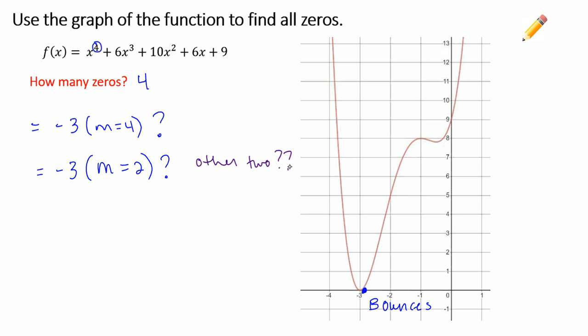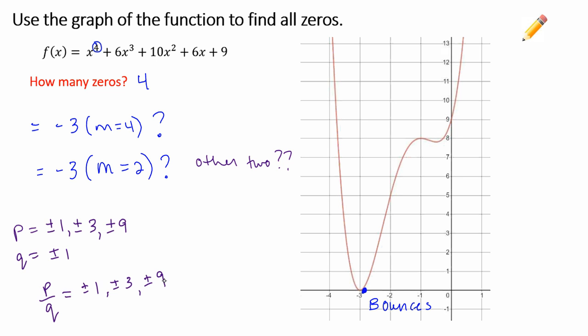Well, our list right there, our possibilities, our P's and Q's. P are the factors of 9. Q are the factors of 1. So my P over Q's are plus or minus 1 over 1, technically, plus or minus 3 over 1, plus or minus 9.